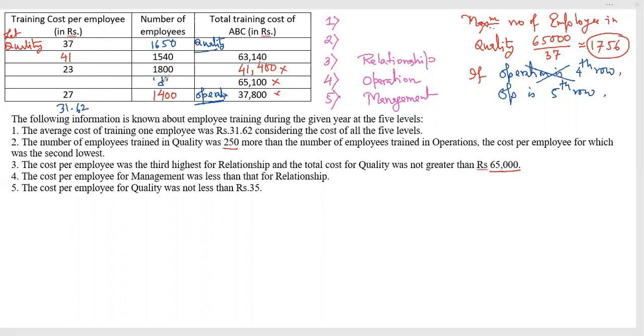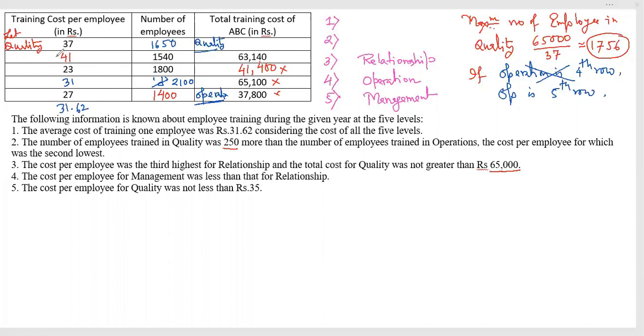After all calculation, it will appear as 2100. At that time it would come as 31.62 and satisfy all of these segments.